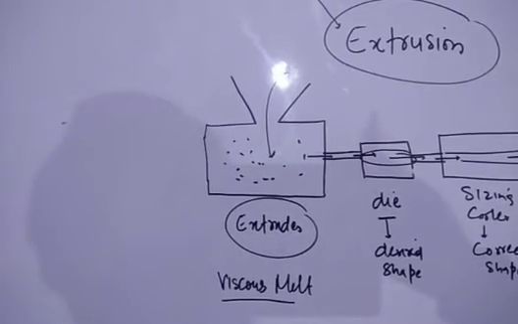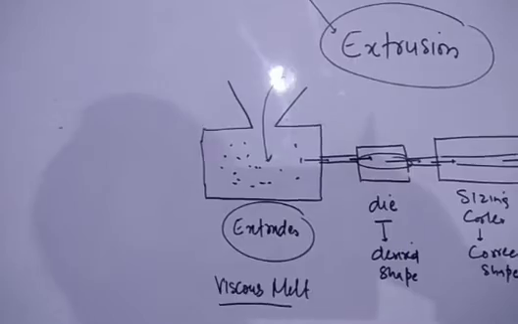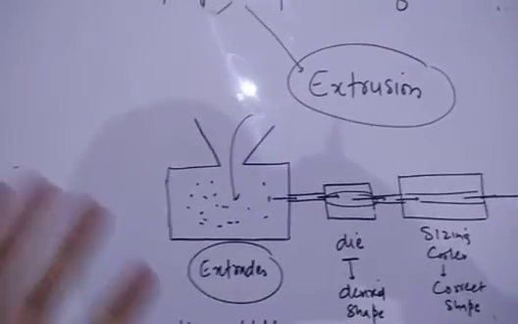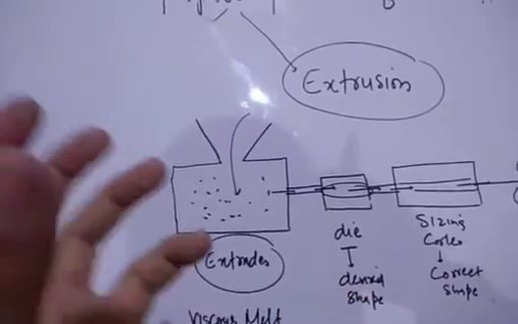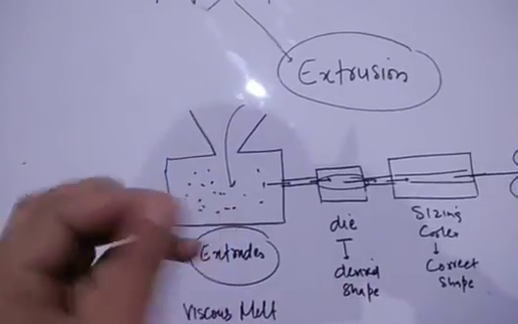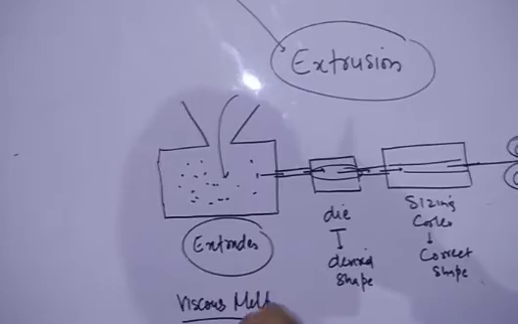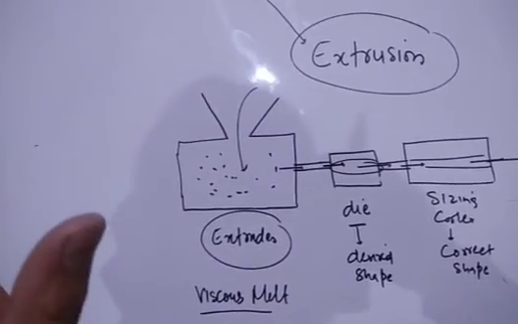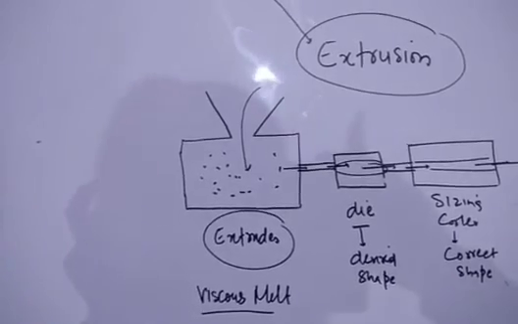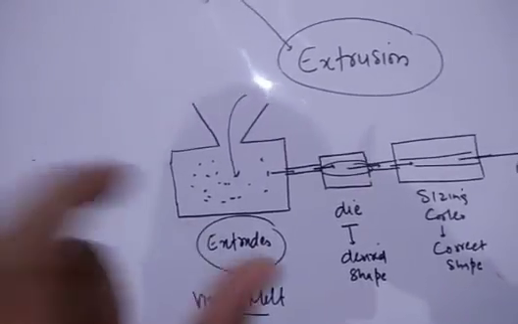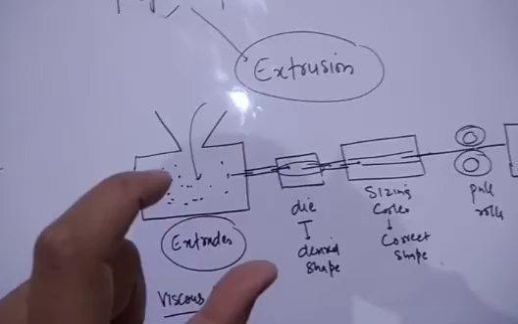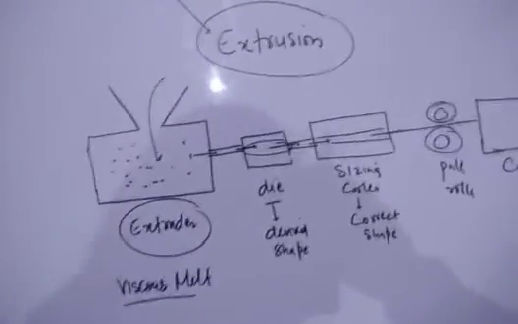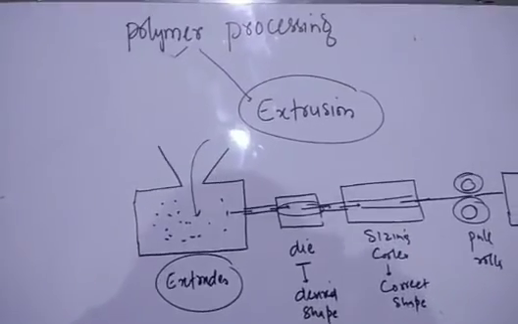So this is all about the polymer processing methods. That is how you can convert a polymer into a desired shape. You can convert into a desired product so that it can be used in day-to-day life. And there are two main methods. That's the compression molding method that's used for thermosetting polymers, and the extrusion method that is used for thermoplastic polymers. So this is all about the polymer processing.